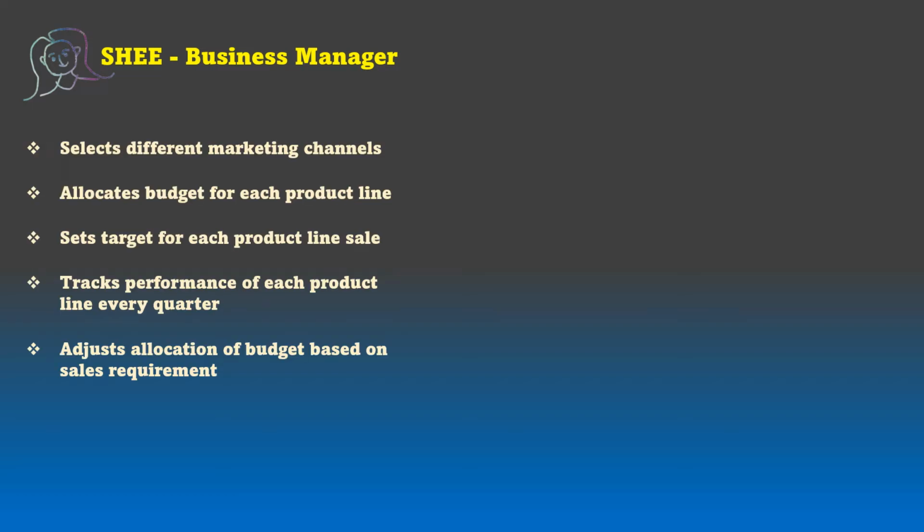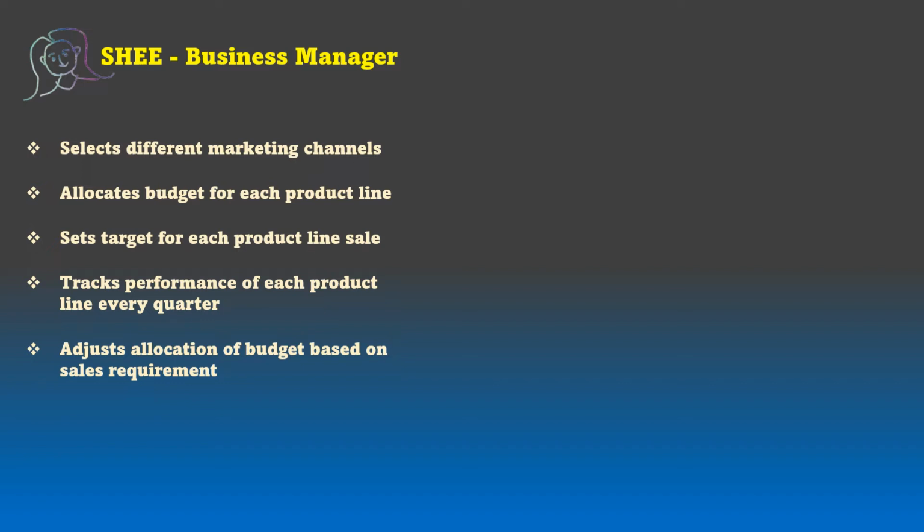Now let us look at the two roles that we are interested in. In the marketing department, she is hired as the business manager and he is hired as business analyst. In her role as business manager, she selects different marketing channels.